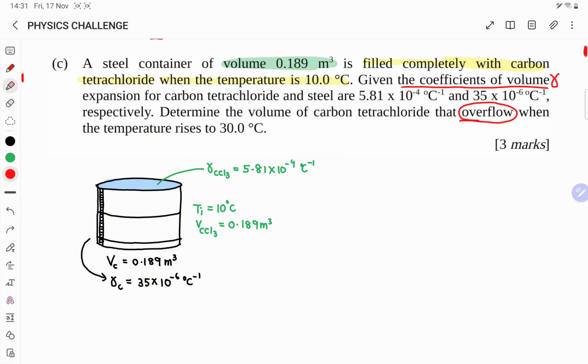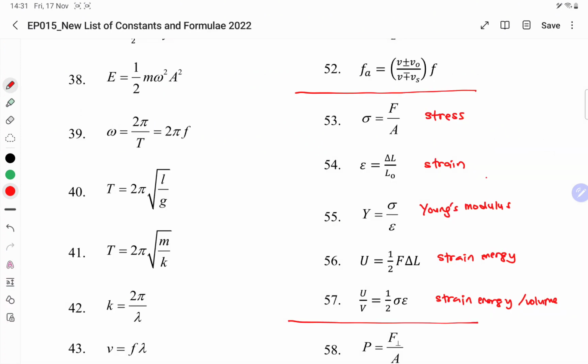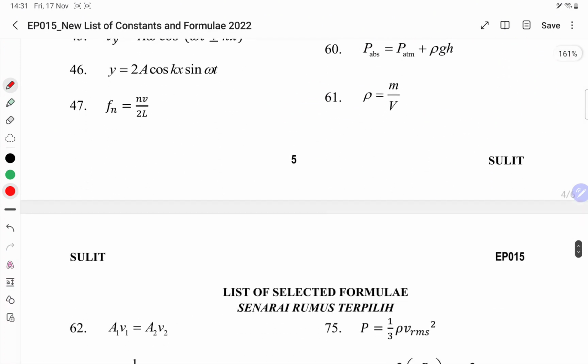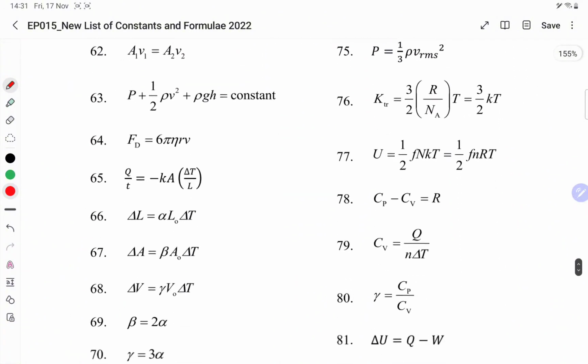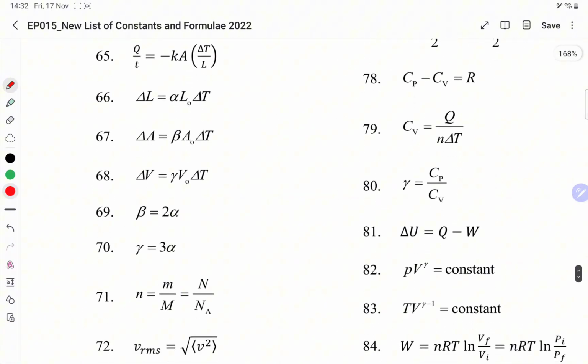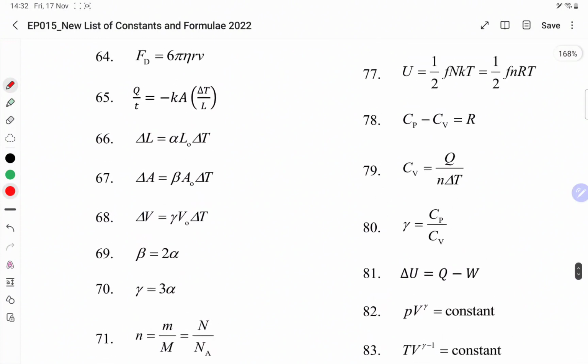In this question, you have to find how much of carbon tetrachloride actually overflowed when the temperature rises to 30 degrees Celsius. So let's go to the list of formula to see which formula we can use. From number 65 is the rate of heat transfer.